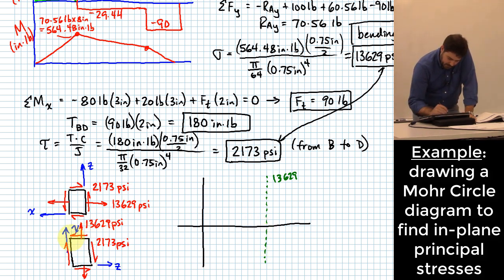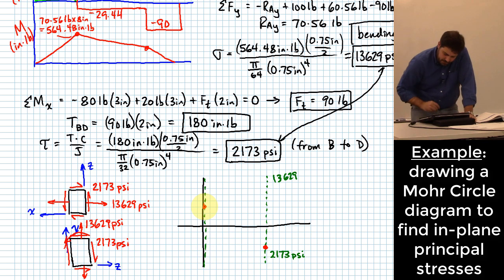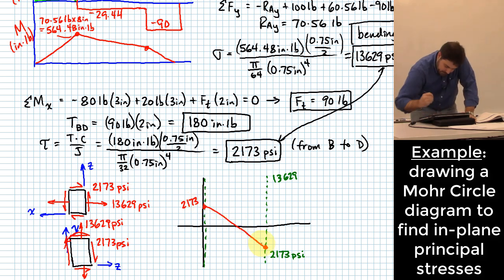See how it rotates counterclockwise on the face where the 13,629 is being applied? So I plot it down here, and I call that value 2173 psi. And what about my other line? Other line's at 0, right? And so on the 0 side, I would have a positive 2,173 psi. That would be my little state of stress.